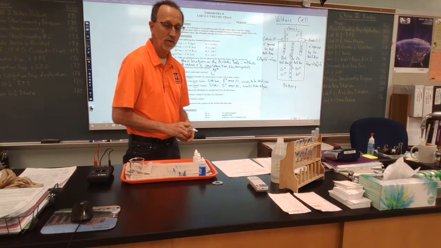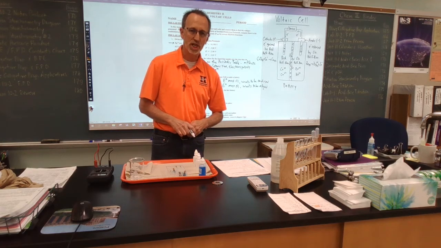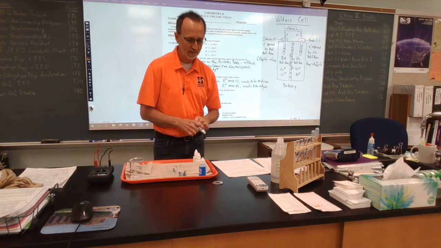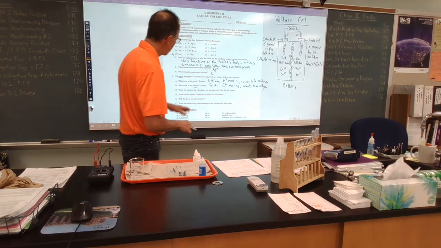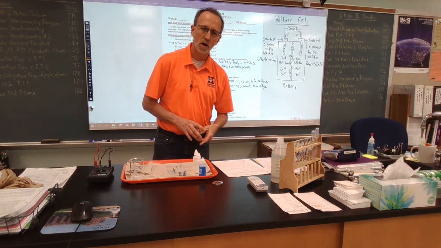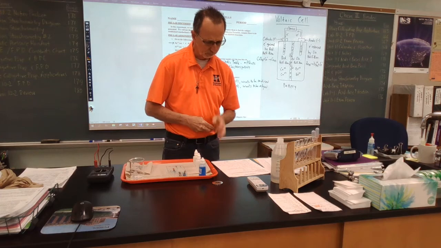Cathode minus anode. Remember on the oxidation reaction, you do not have to change the sign because you are subtracting the two rather than adding. So I'm going to let you finish those questions. Very similar to what we have already done in our discussion of voltaic cells and on our homework.